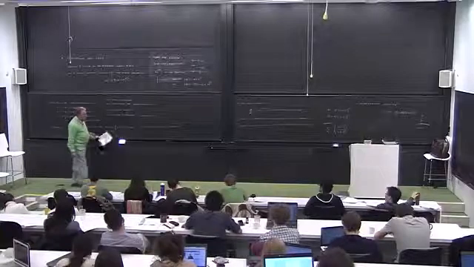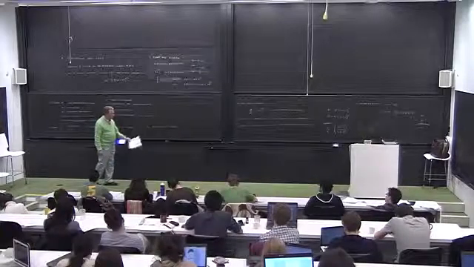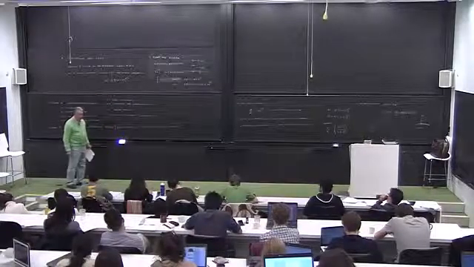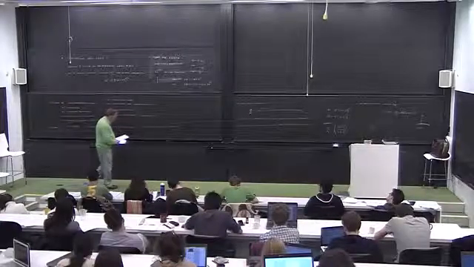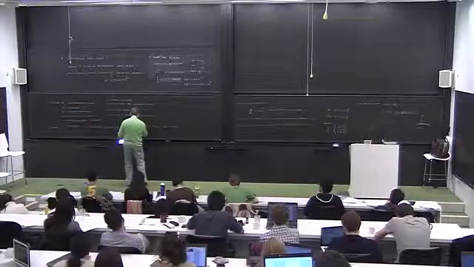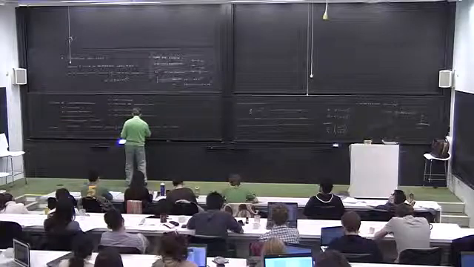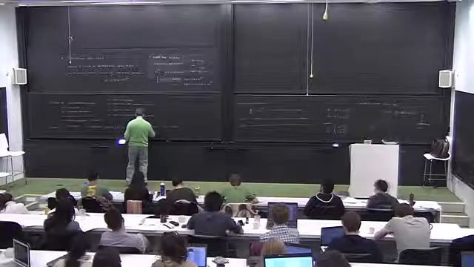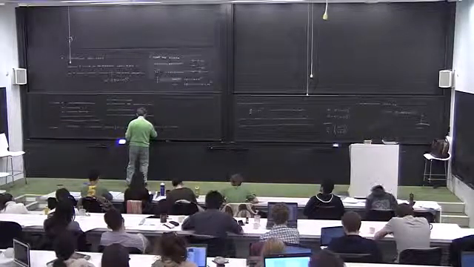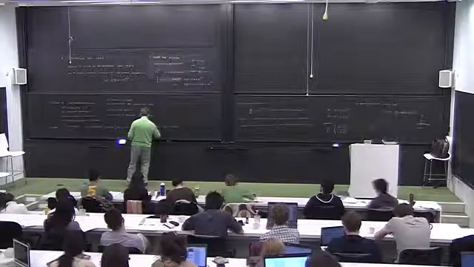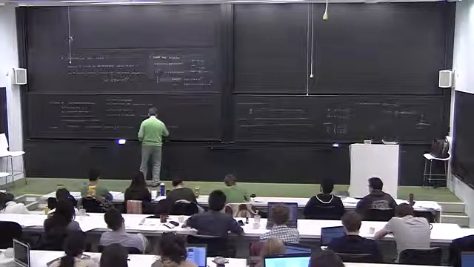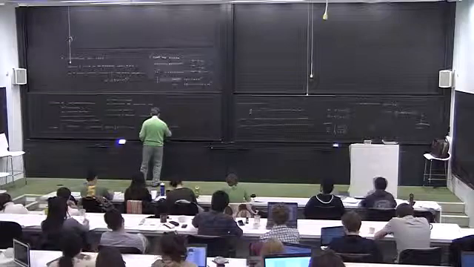And our focus will be on the ingredients that are coming from general relativity. And this will involve the famous Robertson-Walker metric, on which all cosmological models are based.